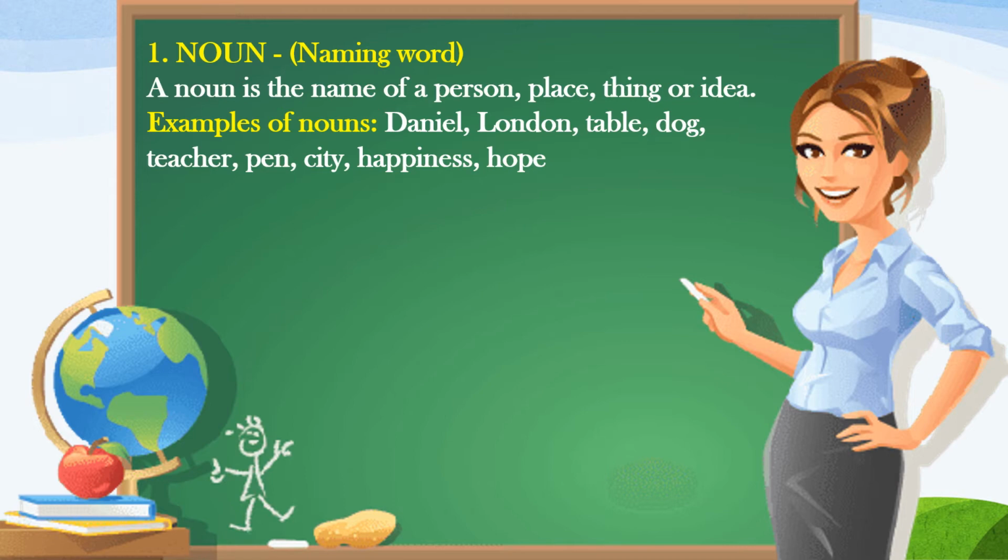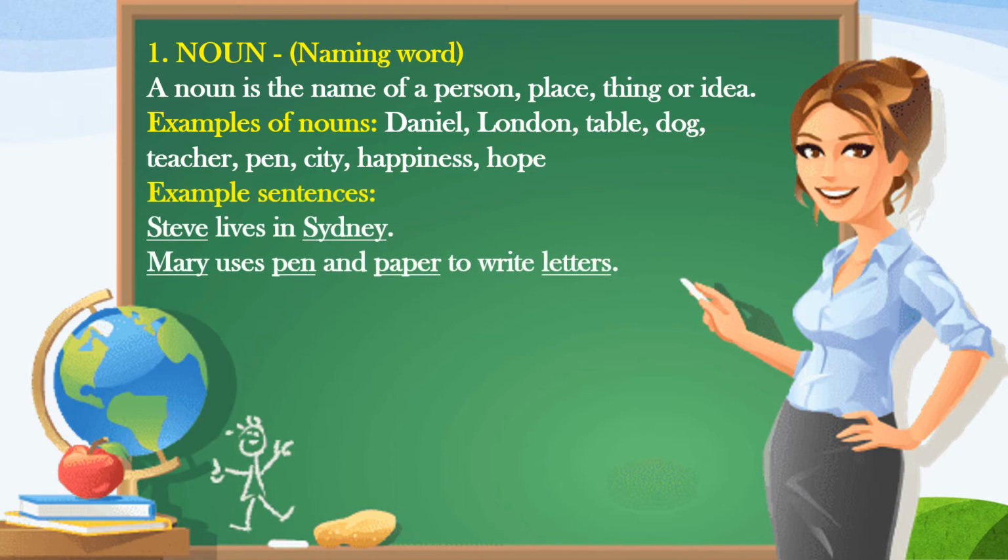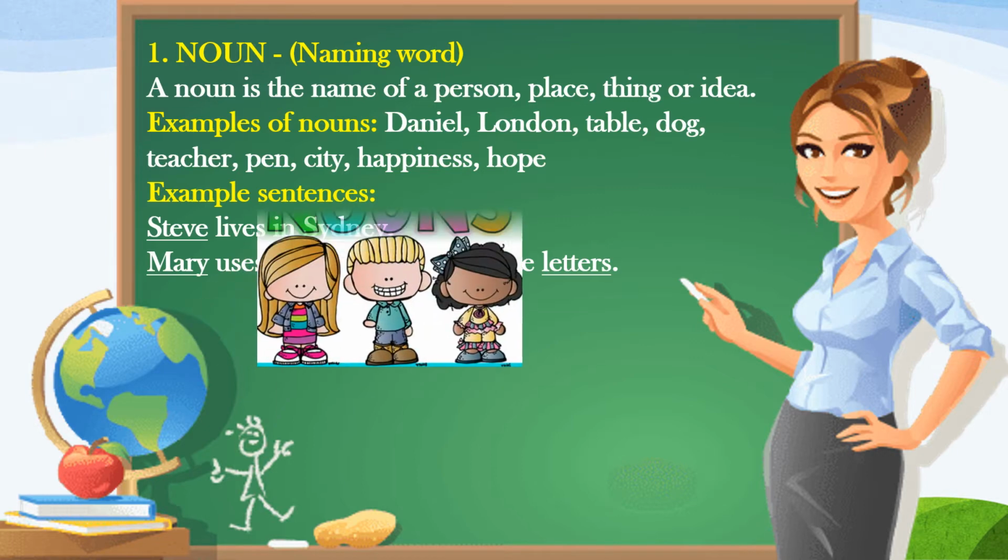Okay, how can we use nouns inside the sentence? For example, Steve lives in Sydney, and Mary uses pen and paper to write letters. The underlined words are nouns.